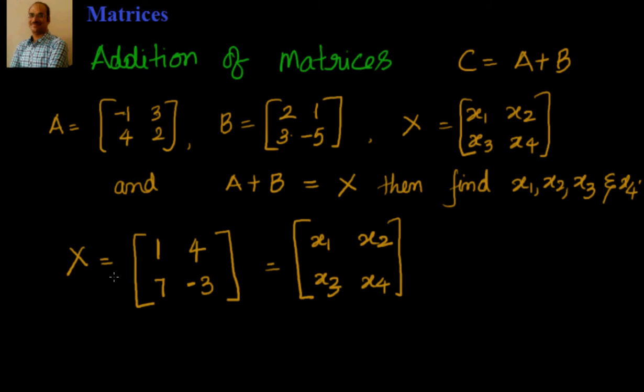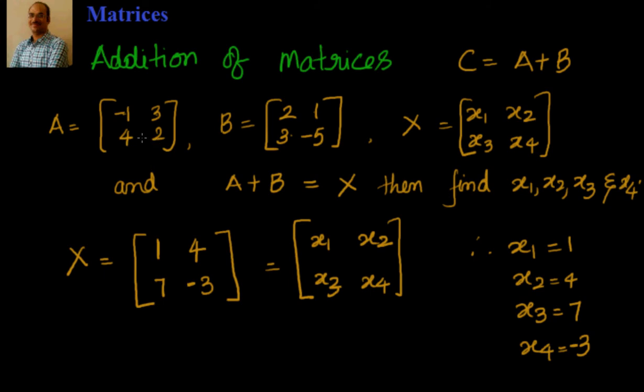Now, if you want to equate these two matrices, then each corresponding element should be equal. Therefore, x1 equals 1, x2 equals 4, x3 equals 7, and x4 equals minus 3. So we know the values of x1, x2, x3, x4.